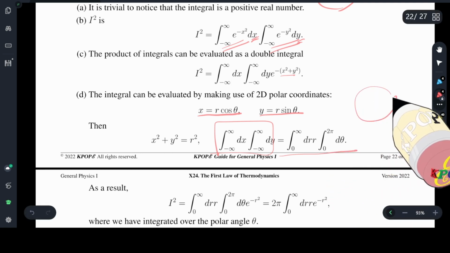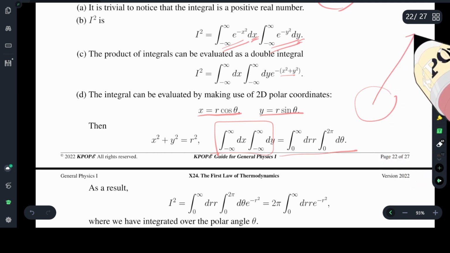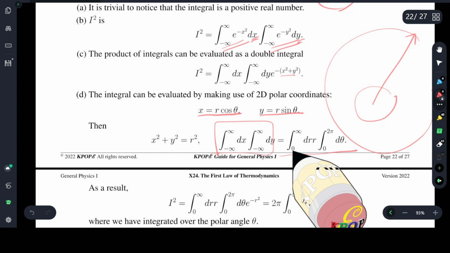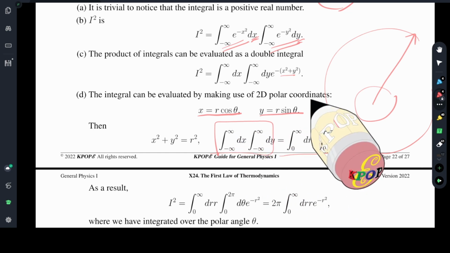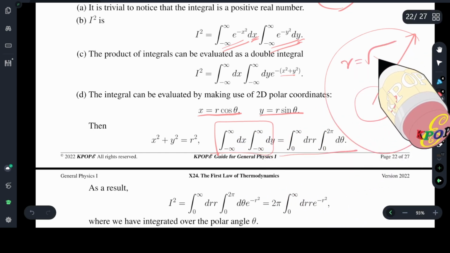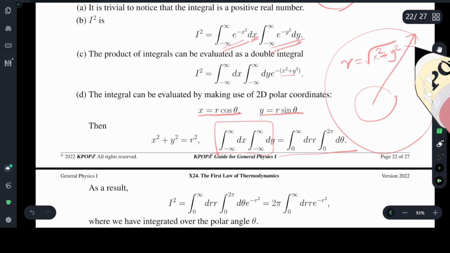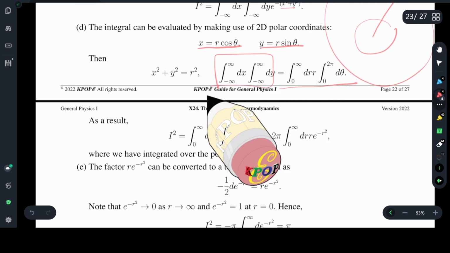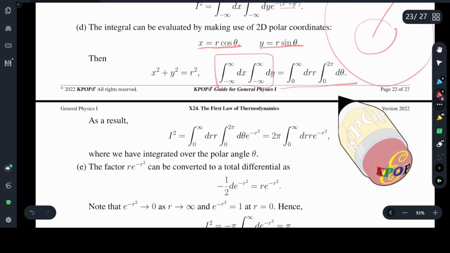This is 2 pi, and the radius runs from 0 to infinity. There is no minus infinity because the radius is the square root of x squared plus y squared. It is always positive, there is no negative value for the radius. We substitute this relation.